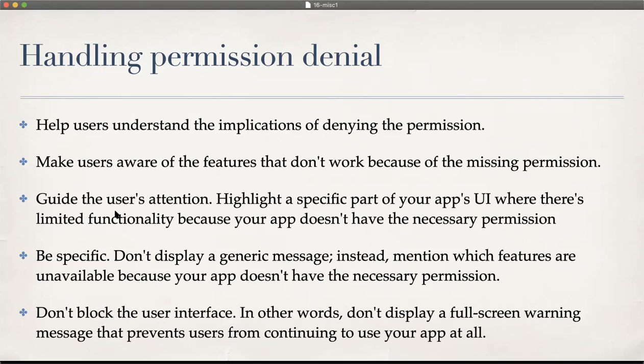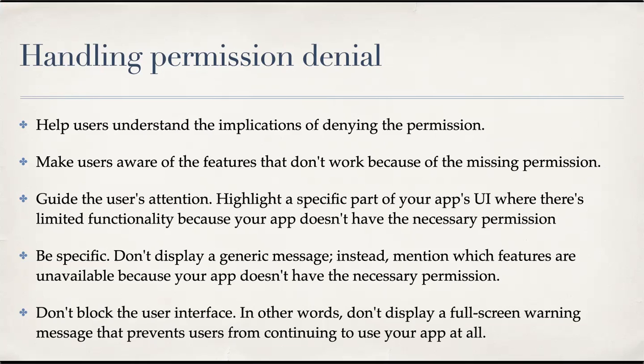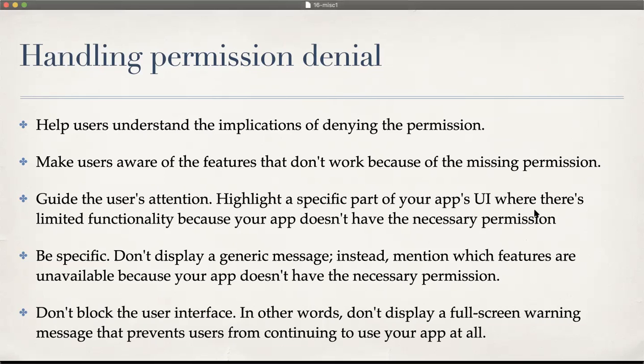So, guide the user's attention by, you can do any of these 3 points here, highlighting a specific part of the app where it now has limited functionality, or you can do that by either showing a message or displaying a different button that contains an error code or an error color, something like that. Be very specific about it. Don't give a generic message. Tell them exactly why it's not working the way it should.